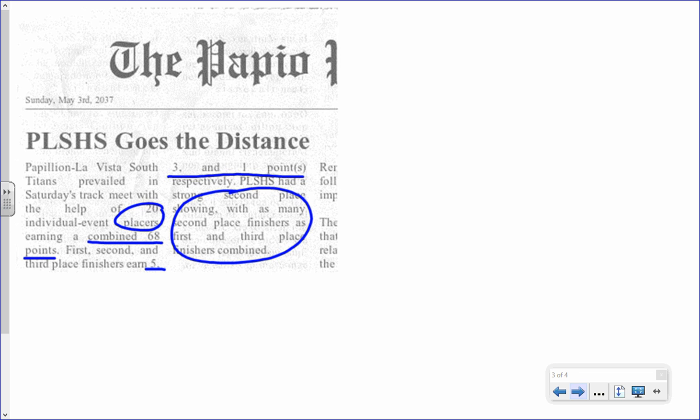Okay, so Nick said 3 variables. Eli, what are the 3 things we're trying to find? The number of first, second, and third place finishers. Okay, what do you want to call those variables? Okay. F, number of first place finishers.